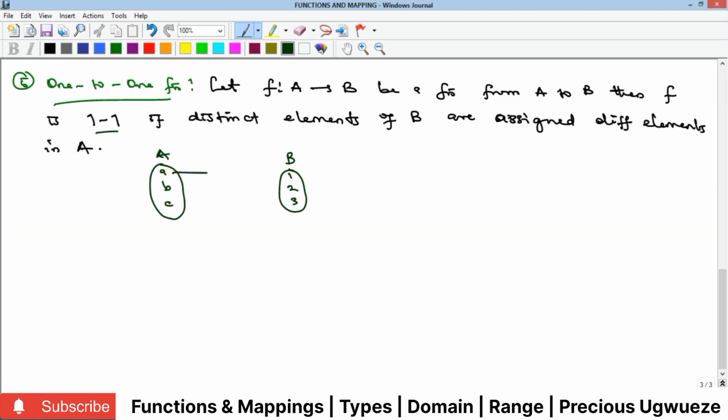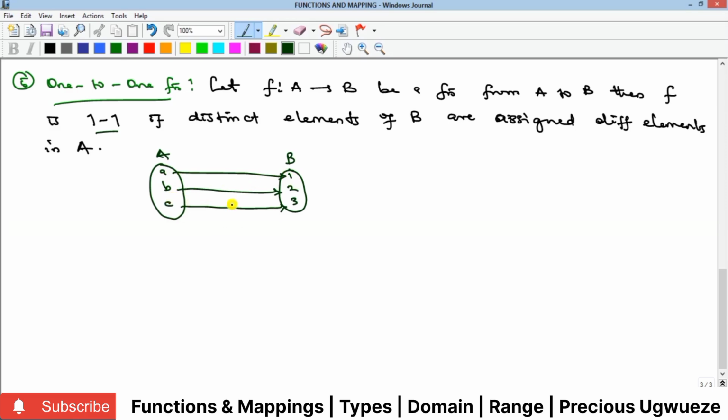So if you have A assigned to 1, B assigned to 2, and C assigned to 3, this is a one-to-one function. Okay, because every element in B has a distinct element assigned to it from A.